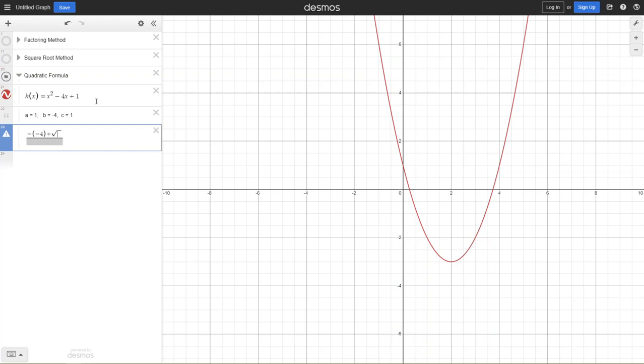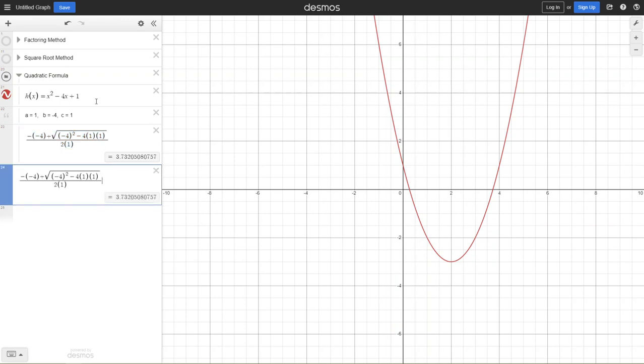So I'll just do plus the square root of b squared, so this is negative 4 squared minus 4 times a, which is 1, times c, which is 1, over 2 times a, which is 1. So if I just do one at a time, I can see the numeric value for it. I just need to go inside my folder, and I can start to simplify this.